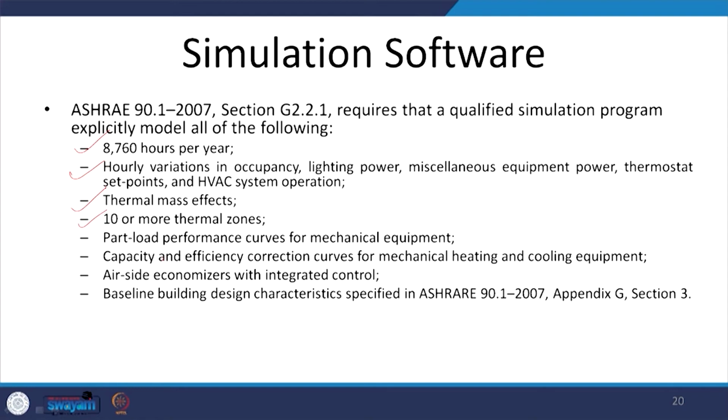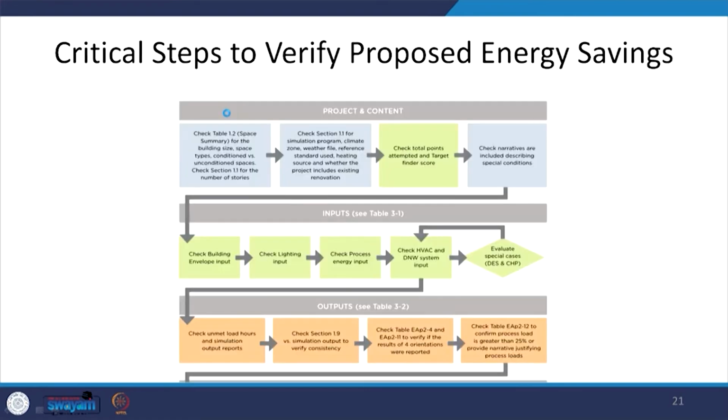It should be able to model the part load performance curves for mechanical equipments and capacity and efficiency correction curves for mechanical heating and cooling equipment. It should be able to model the air side economizers with integrated control and the baseline design characteristics as specified in ASHRAE 90.1. So, these are the specific requirements of the simulation software as per 90.1, and there are several simulation softwares which are available in the market.